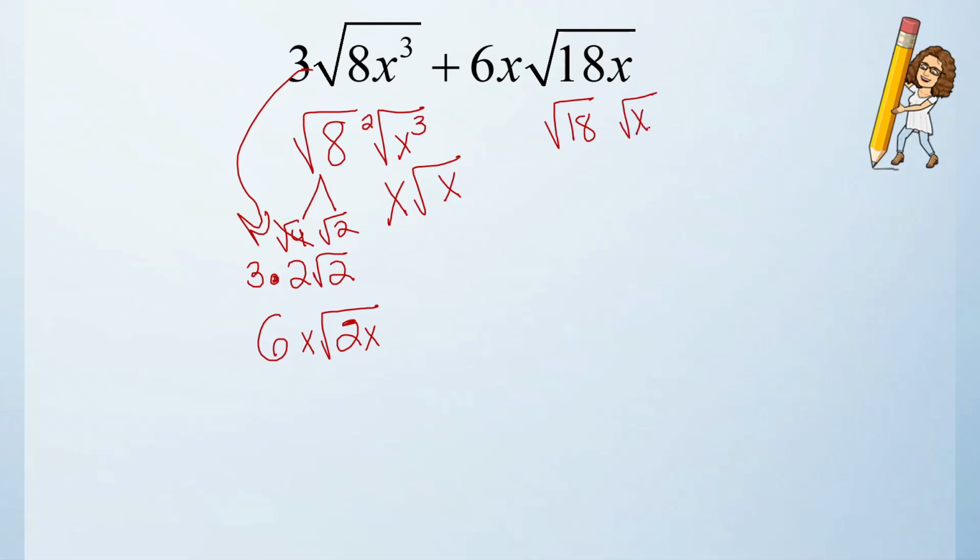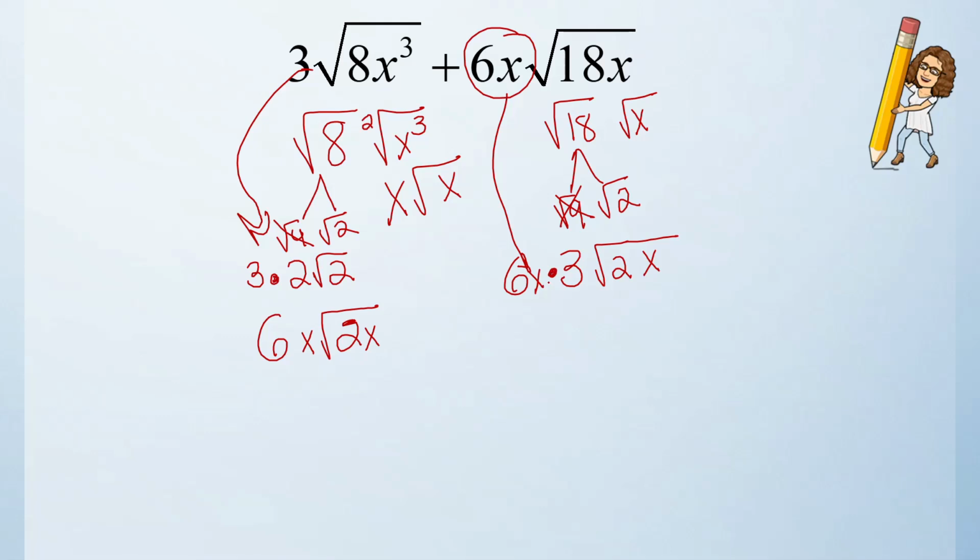Square root of x doesn't really do anything, right, though? Square root of 18, that would be the square root of 9 times the square root of 2. I get 3 square root of 2, and I just put the x back. But we got that 6x that's hanging out, so that is timesing right there. So technically, I am adding 18x square root of 2x.